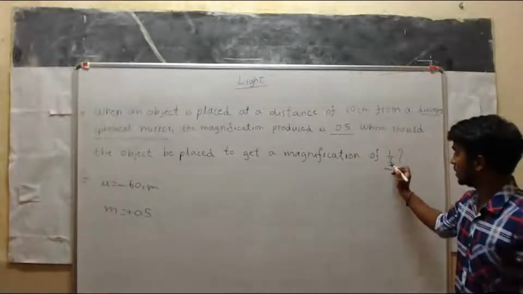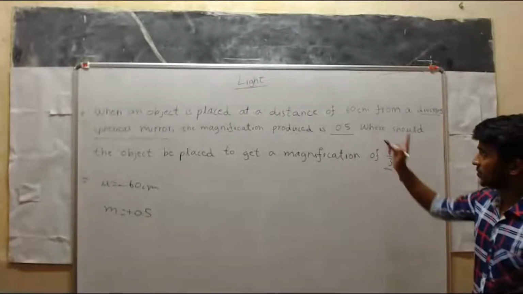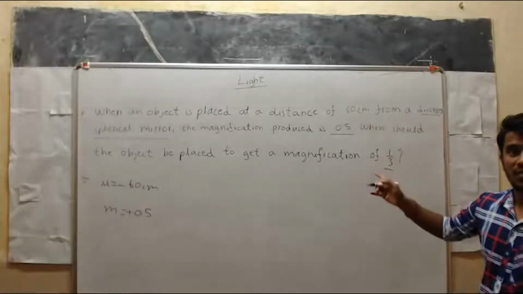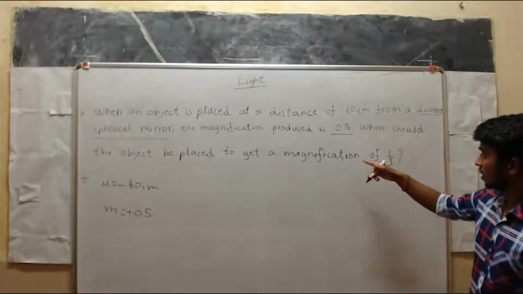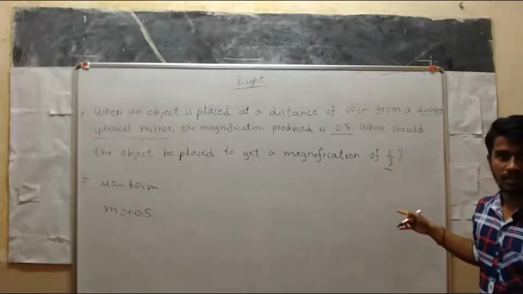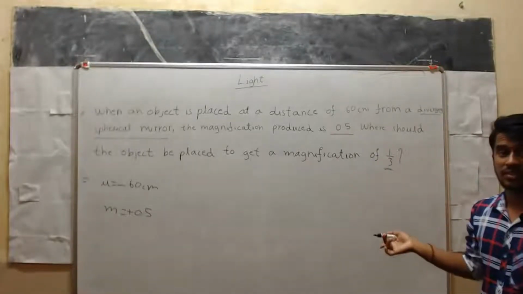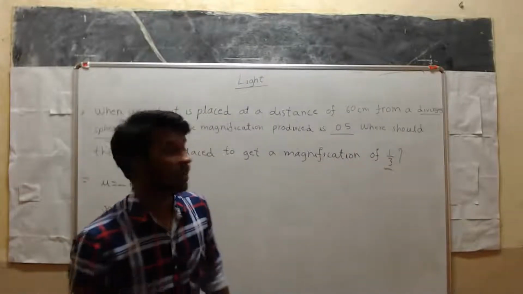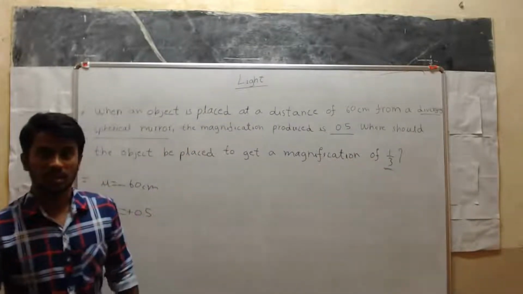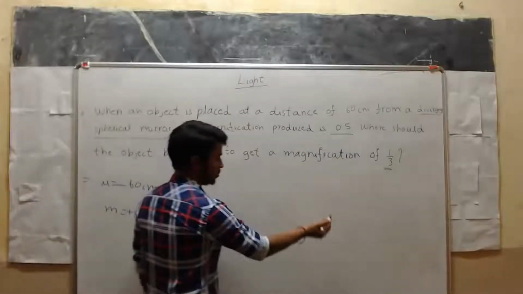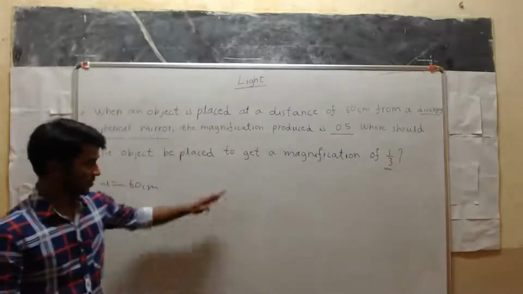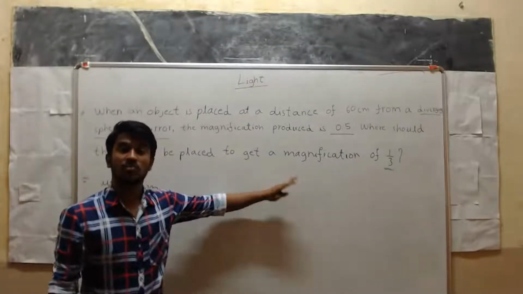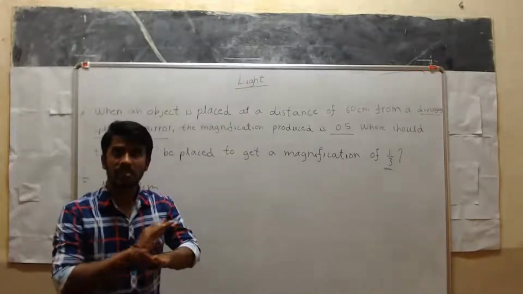In the second case the magnification is 1 by 3. In the first case object distance and image distance are different from when you get the magnification 1 by 3. But in both the cases one thing is same. What is that? That is focal length. You can change the object position, and if you change the object distance then the image distance also changes, but focal length remains same.